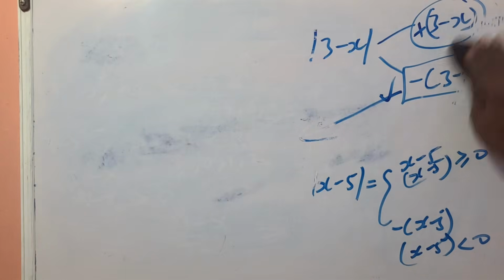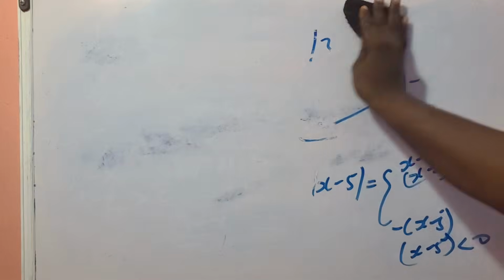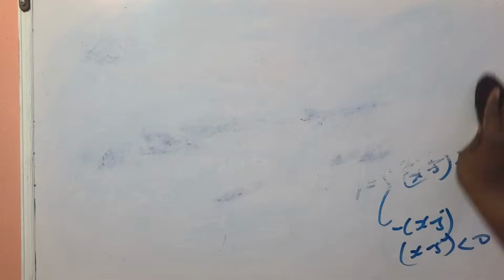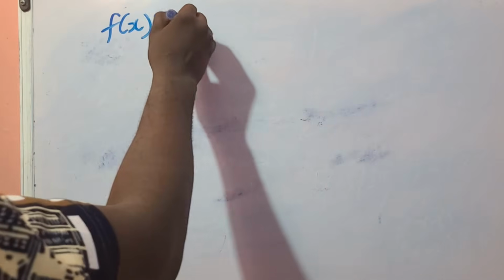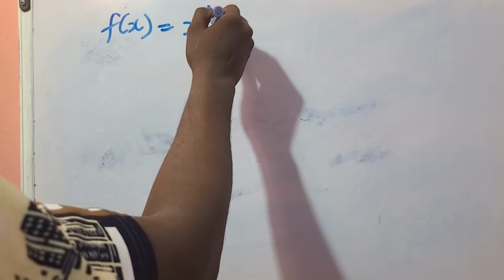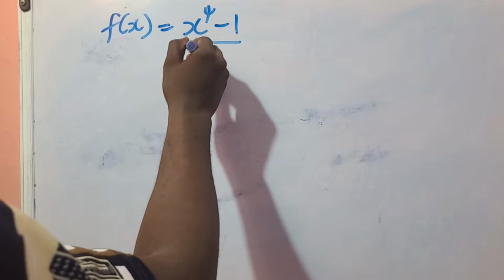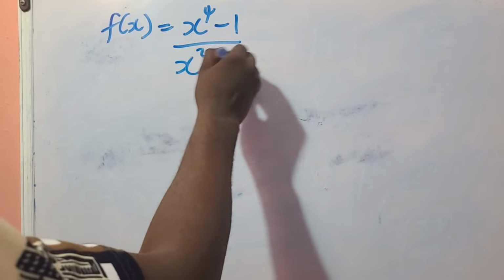So it's not very easy to not know the basics and get into solving questions on it. All right, so we're given a function. Look at the function we're given: x raised to power 4 minus 1 over x raised to power 2 minus 1.